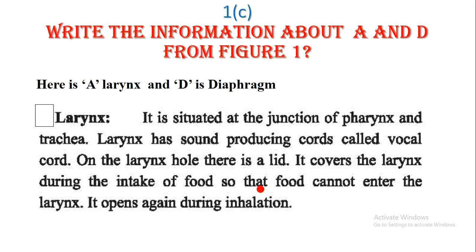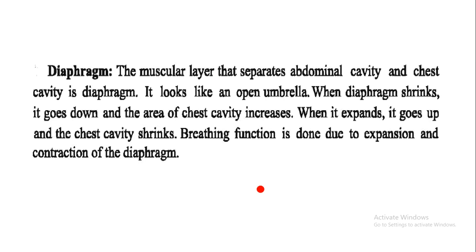Okay, my dear students, and the diaphragm, yes, it is a very crucial part because it divides our lower body from our upper part. The diaphragm is the muscular layer that separates the abdominal cavity and the chest cavity. It looks like an open umbrella.